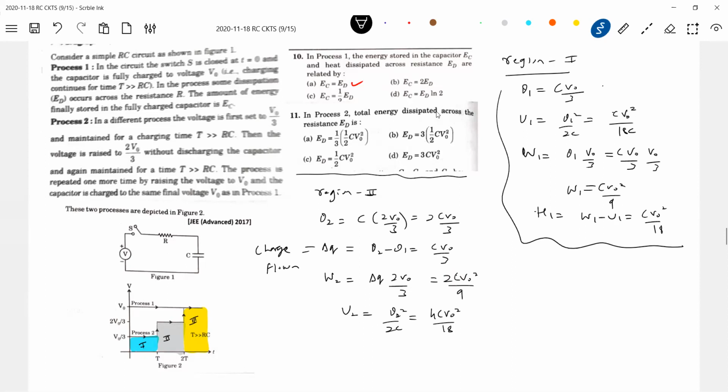These are for region 2. What is the heat generated here? Heat generated should be work done by the cell minus energy stored in the capacitor.